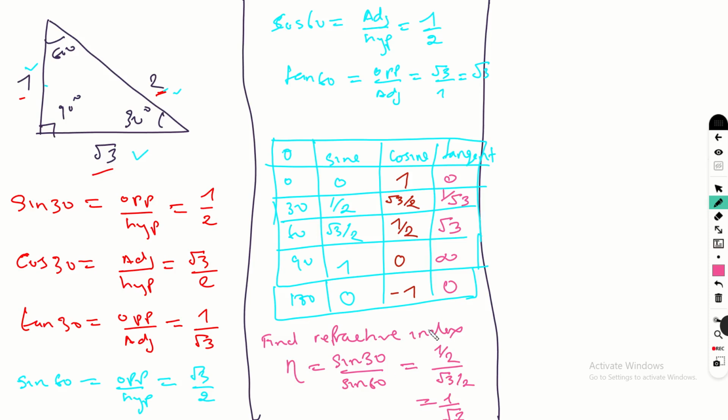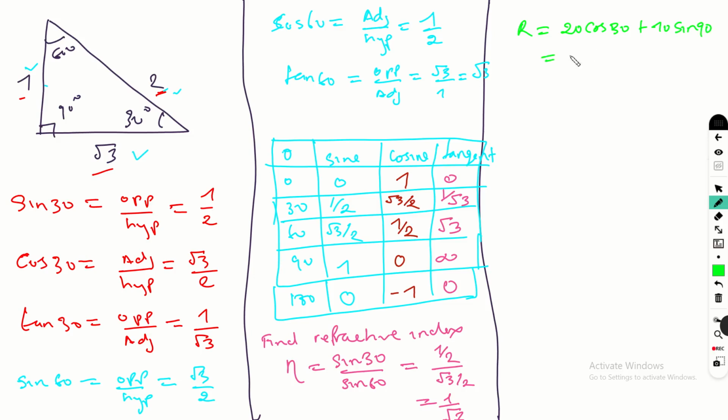Now, if they ask you to find the resultant force, that R is equal to 20 cos 30 plus 10 sine 90. You have a diagram like resultant force like this. So what would be your answer?